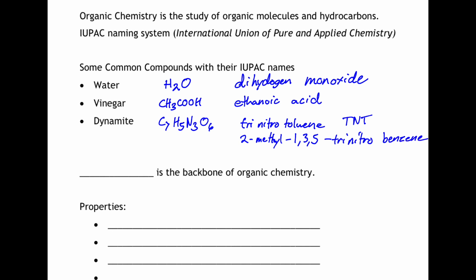So they get out of hand quickly. But the reason why this name, even though you can see it and it kind of sucks, will allow you to draw it exactly. This tells you exactly where each of the molecules go, how many of each, and how they're linked. All that information is given in that name. I can draw this exactly given that information. And that's what you are going to learn how to do over the course of this chapter.